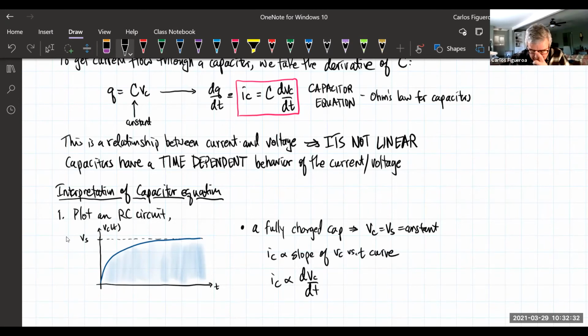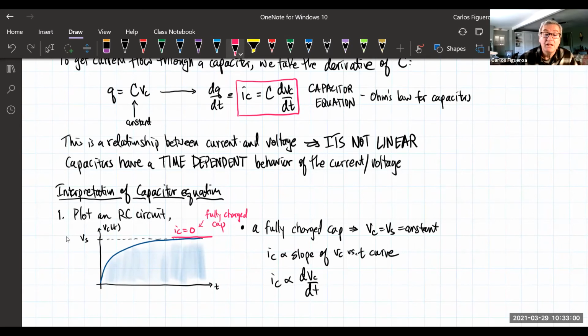So if I look at when it's fully charged, look at the slope here. The slope is flat. This tells me that IC is 0, and this is a fully charged cap, just as expected.